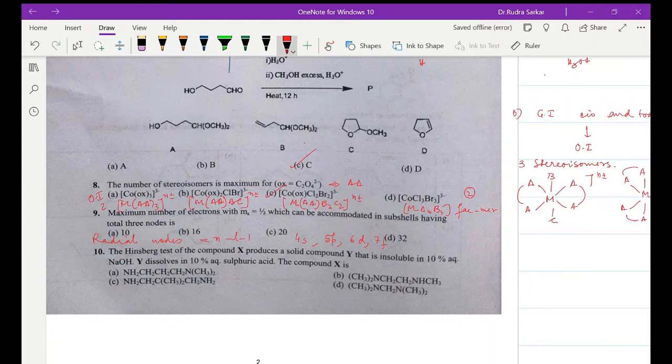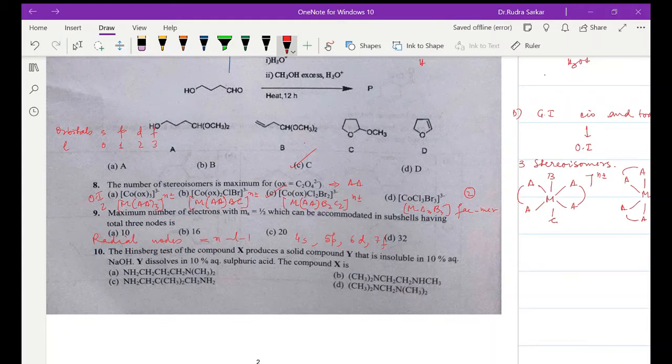Okay, because we know the value of L. So if we have, say, L value for orbitals, if it is S, it is 0, for P it is 1, for D it is 2, for F it is 3.